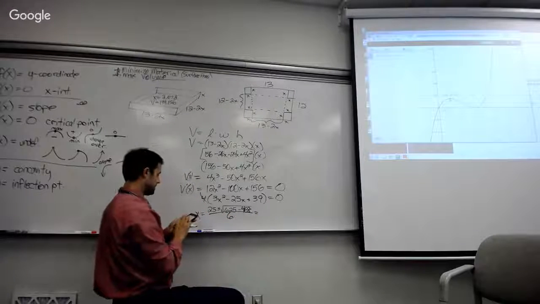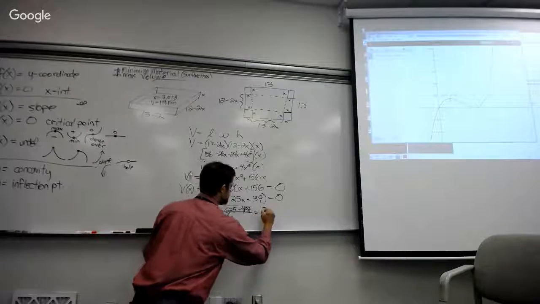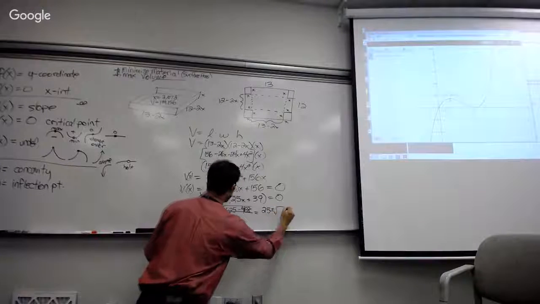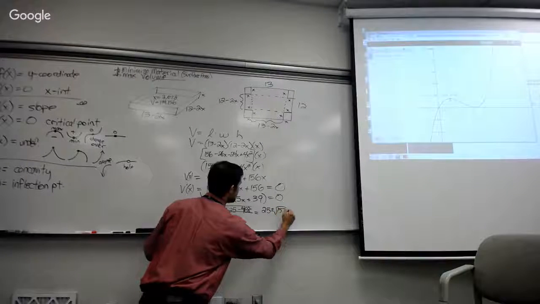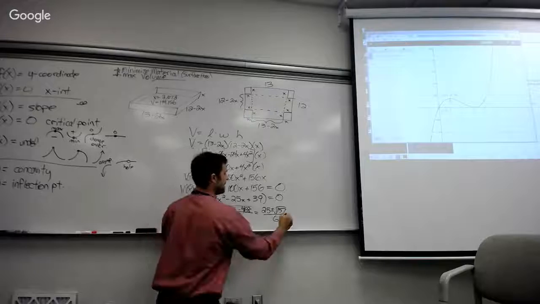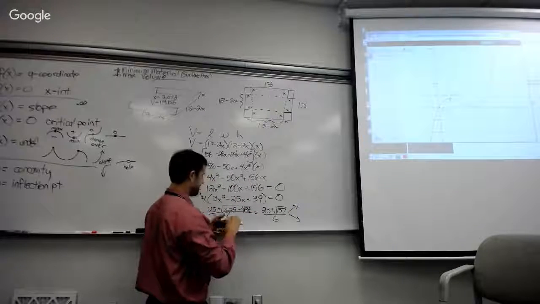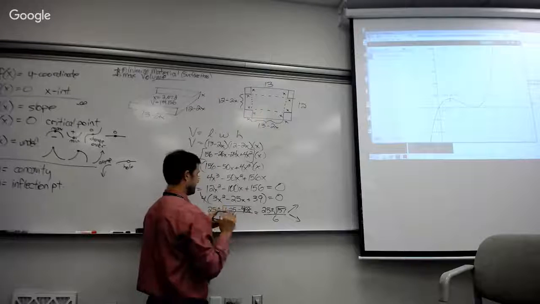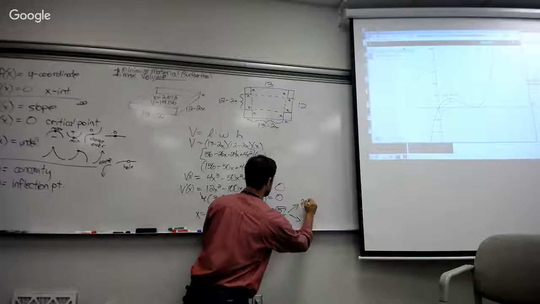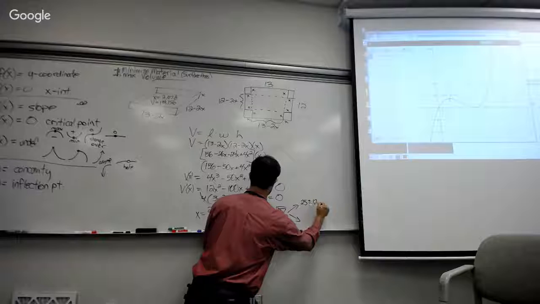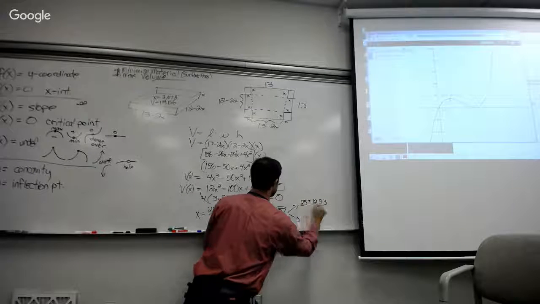That gives us 25 plus or minus the square root of 157 all over 6, and that's going to give us 2 possibilities, right? What is the square root of 157? 12. So 25 plus or minus 12.53 all over 6.